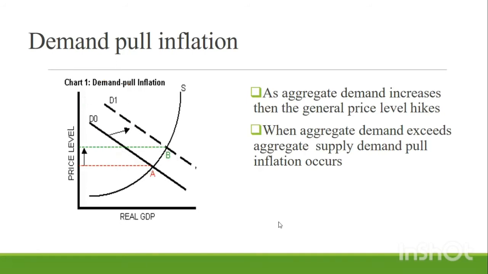As aggregate demand increases or rises, while aggregate supply remaining the same, the price level rises. When total demand exceeds total supply, demand pull inflation occurs, and prices will start increasing.